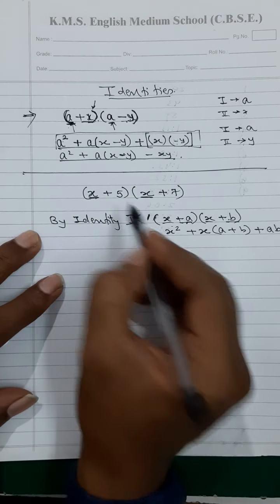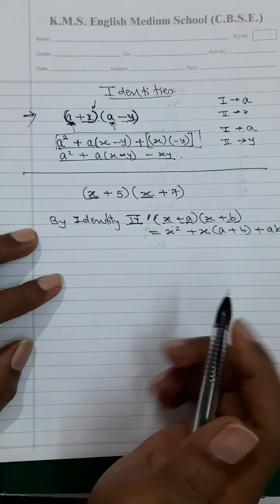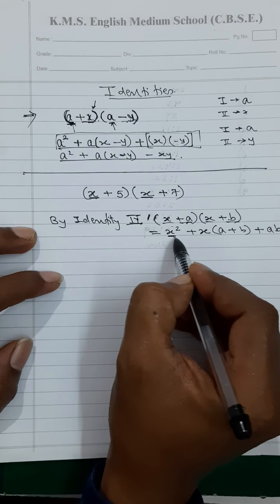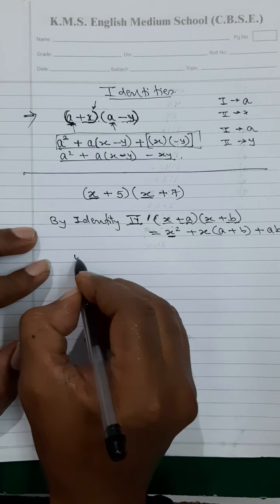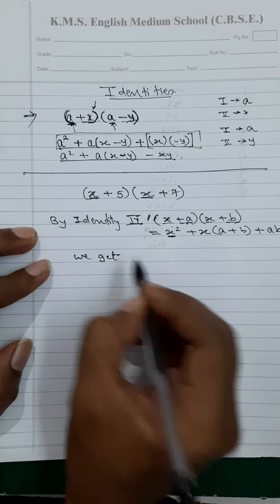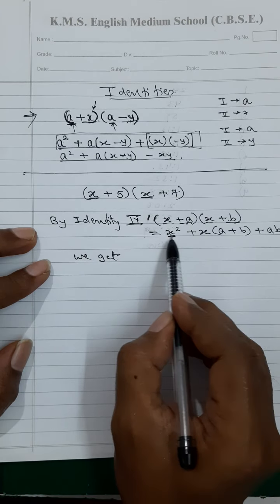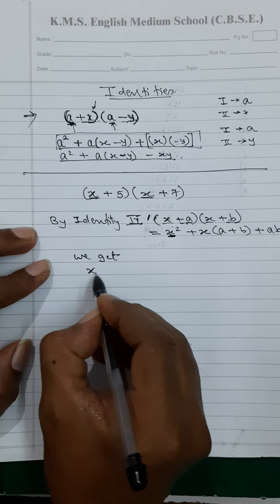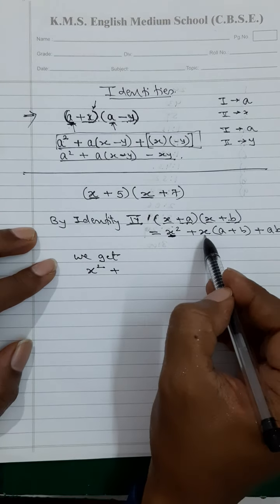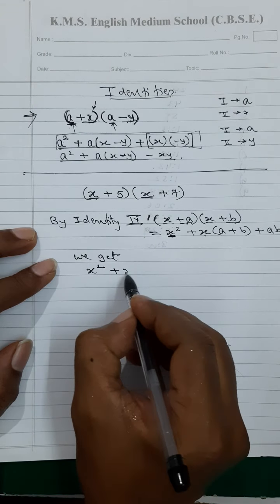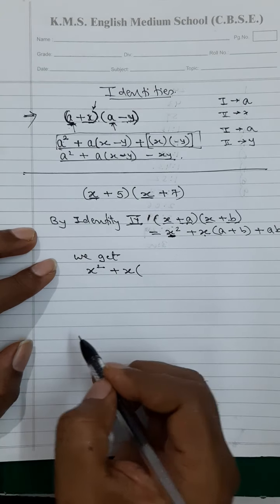And what you will be getting if I apply this identity over here? First I have to take the square of the first term, right? Square of the first term is x square, plus first term you have to write over here, first term, bracket open.